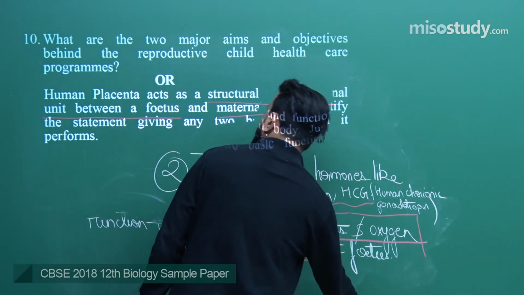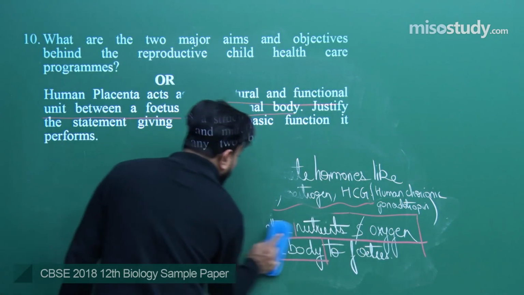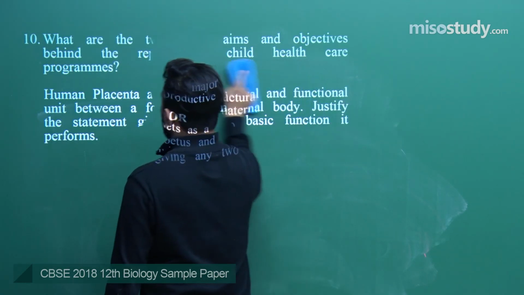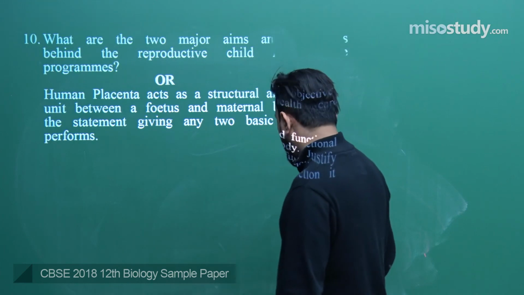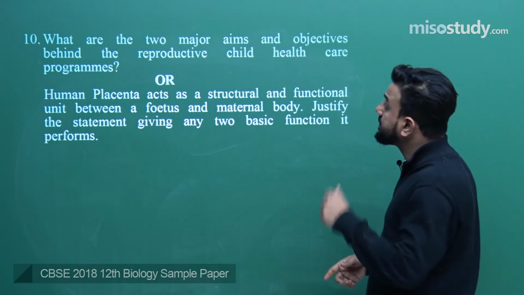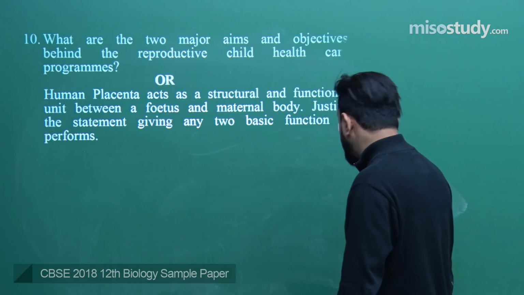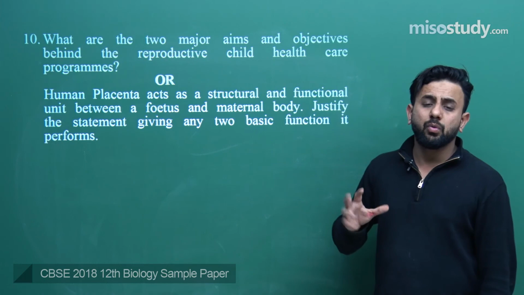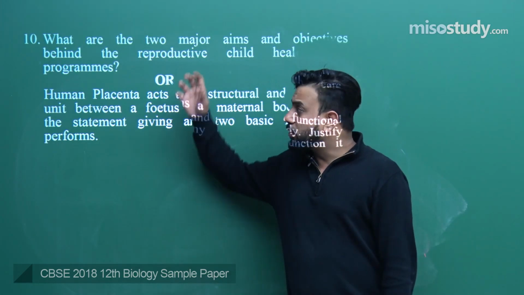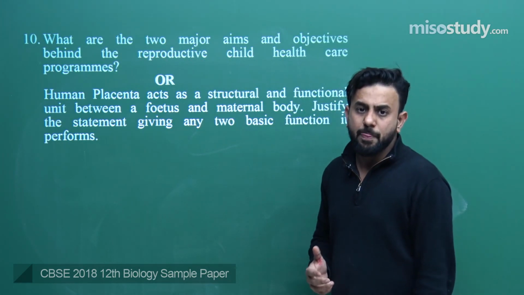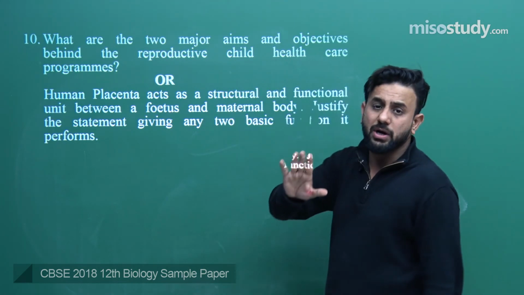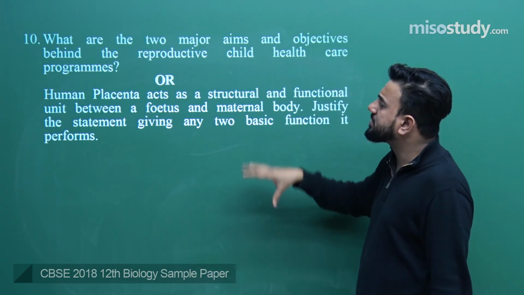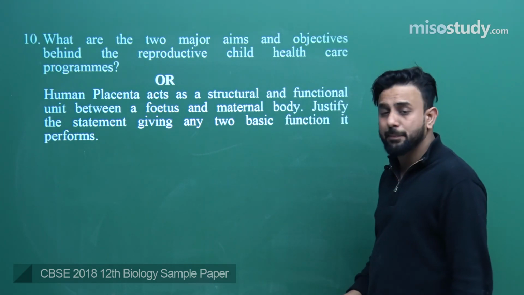Now we come to the second part of the question: what are the two major aims and objectives behind the reproductive child healthcare programs? Suppose I don't know the answer, the question itself is telling you the answer. It's a short answer question.